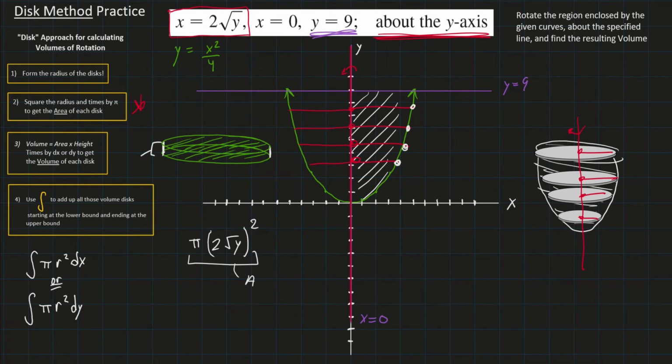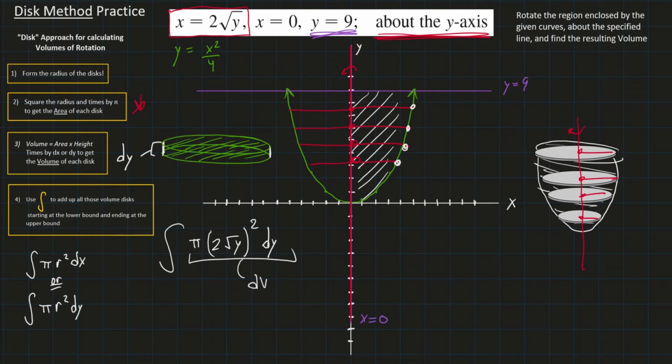And this little height is dy, a little bit of distance in the y direction. So this represents dV, the volume of one of those tiny disks. And of course I just want to add all of them up to get my total volume.